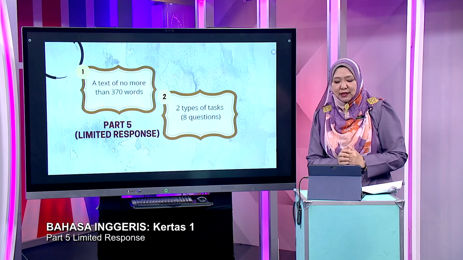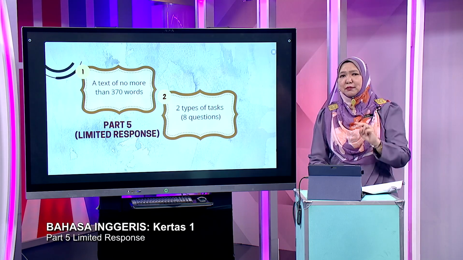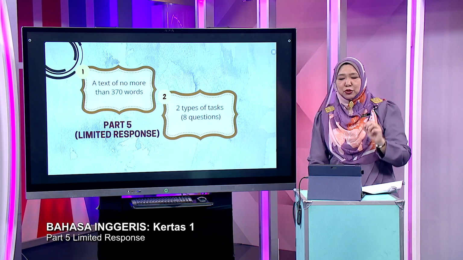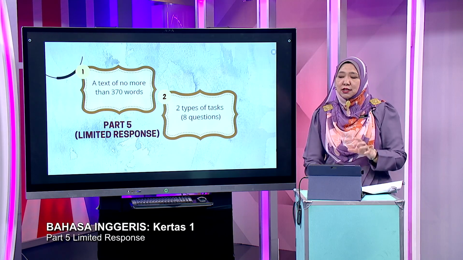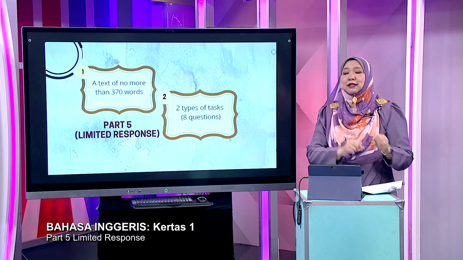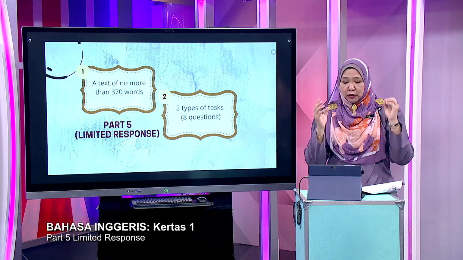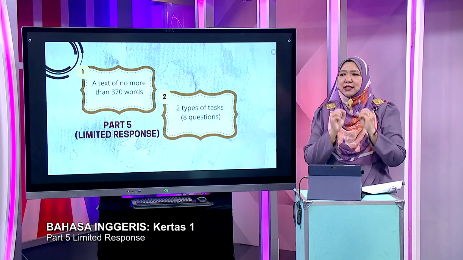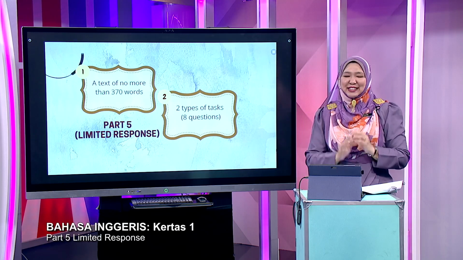So that is the text. There are two types of tasks being asked, consisting of 8 questions: 4 for the first task, 4 for the second task, but both tasks using the same text.